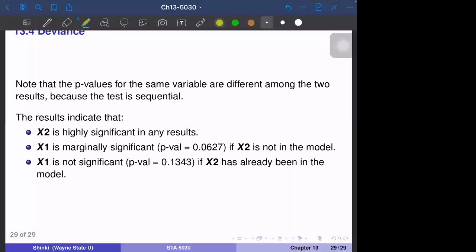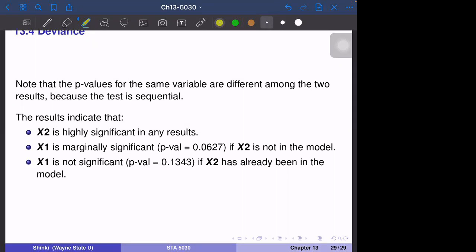So the conclusion is here. X2 is highly significant in any results, as has been observed in the tables. And X1 is marginally significant with p-value 0.0627 if X2 is not in the model. So if no information is available, then getting the information of X1 may be useful.